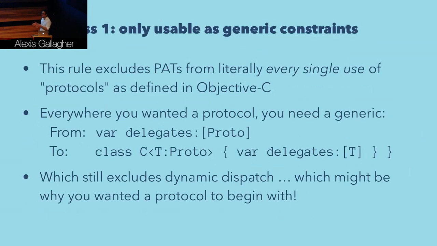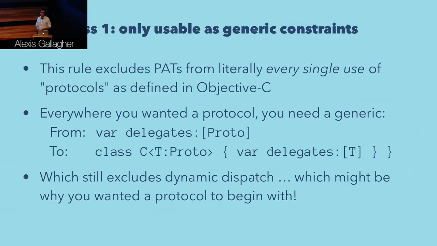But once you make this change so that you're using a PAT, and then you're forced to deal with a generic context, the array that you get is not an array of protocol objects. It's actually an array of whatever the type is that adopts the protocol. So you're forced into a uniform array. So you no longer have dynamic dispatch. You can no longer have a collection of delegates where all you know about them is that they all conform to the PAT.